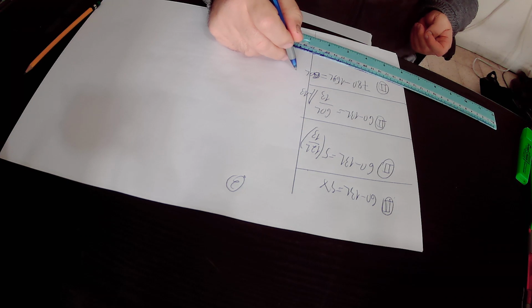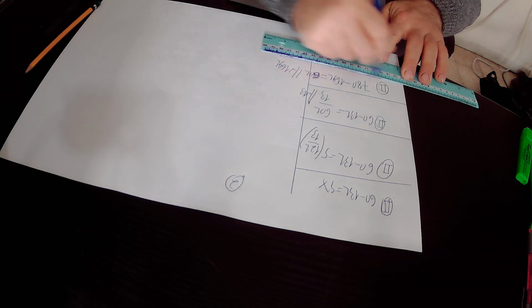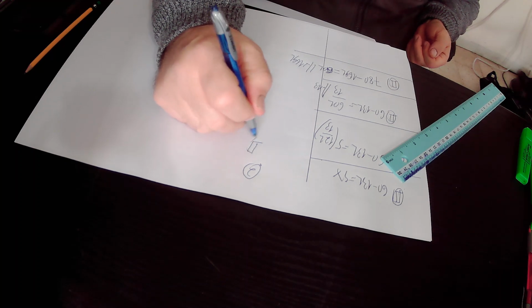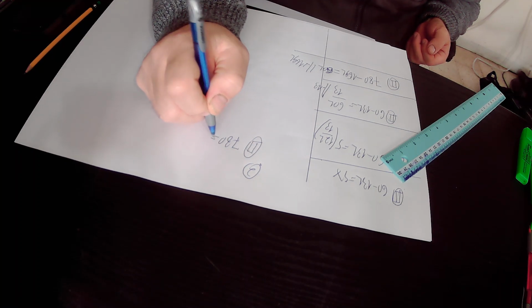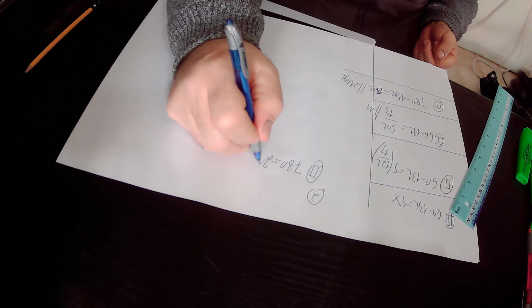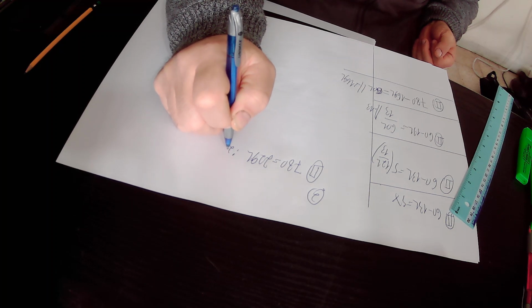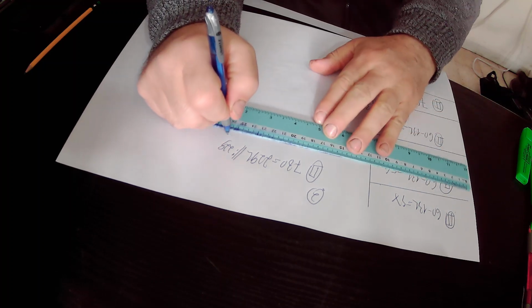Here we'll add 169L to this equation 2, and you get that according to equation 2, 780 equals 60L plus 169L, which equals 229L. Here we divide this equation 2 by 229.